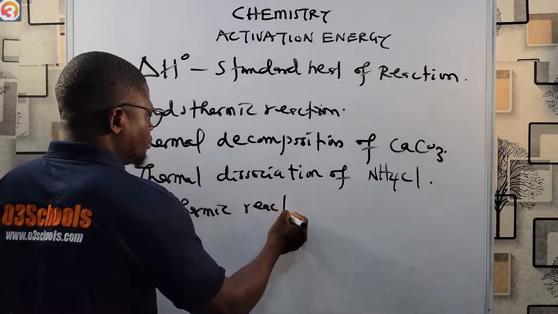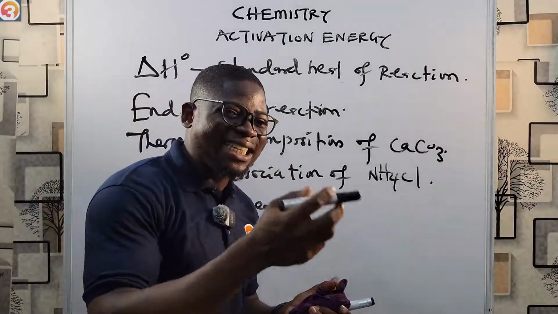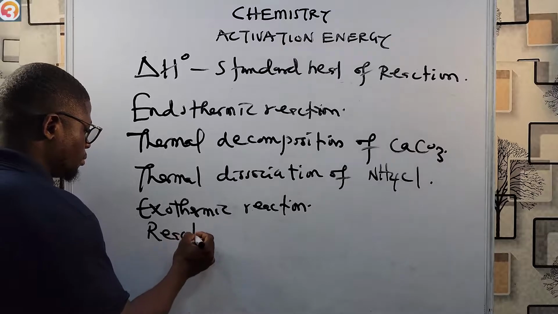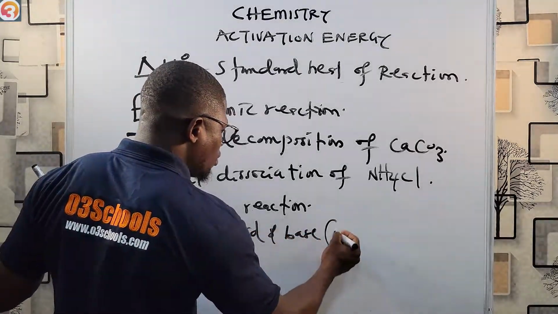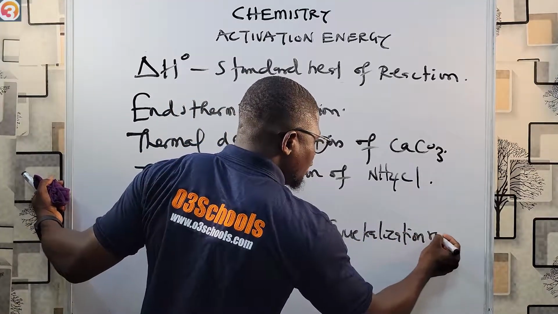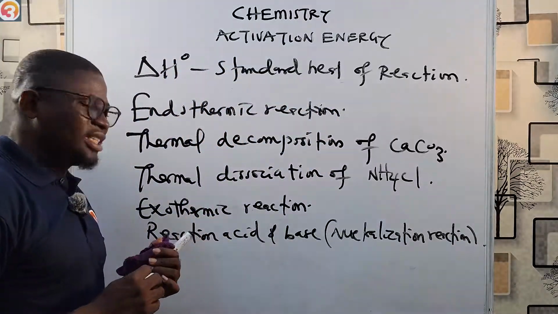Exothermic reaction. An example of an exothermic reaction, of course, is the reaction between an acid and a base. One we call a neutralization reaction. Okay, so that's an example of an exothermic reaction.